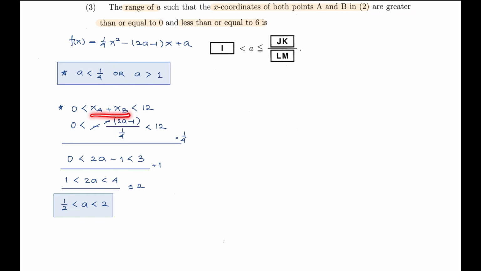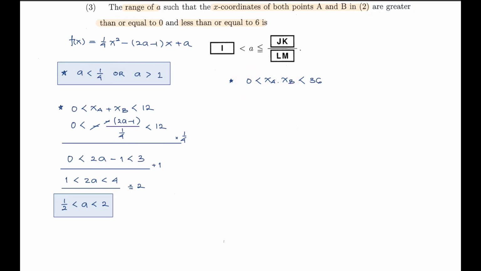Except xa plus xb, we can also assume that xa times xb must be between 0 and 36, since the minimum value of x is 0. It can be 0 because if one of them is 0, 0 times another number must be equal to 0.